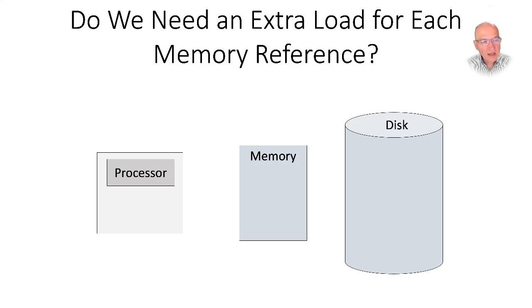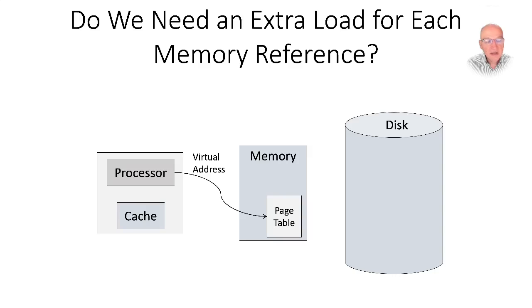So now let's contemplate what we may have to do in order to have virtual memory. We have the processor with an internal cache. We have the memory, and the page table is in the memory. The processor will start the execution of an access, whether to fetch an instruction or to access data, by issuing a virtual address. In order to find the corresponding physical address, we have to access the page table.